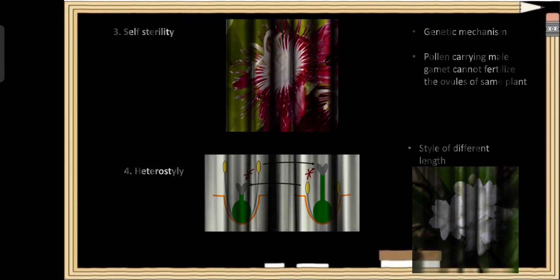So now we'll study the next device. It is called ergogamy. In some of the plants, the flower will have some physical barriers between the anther and stigma, and this condition is said to be ergogamy.